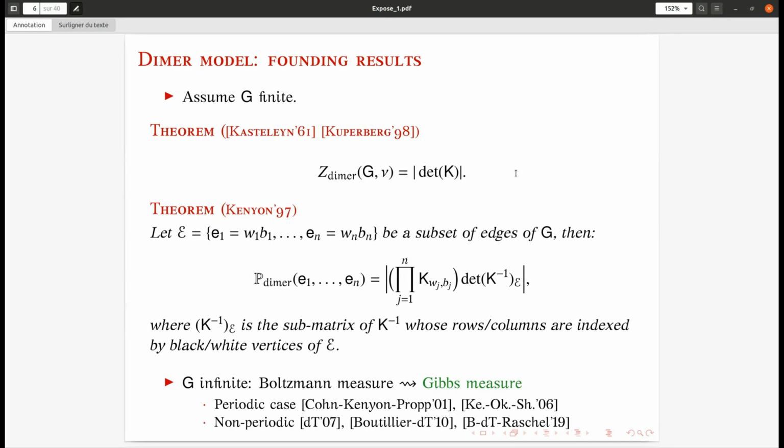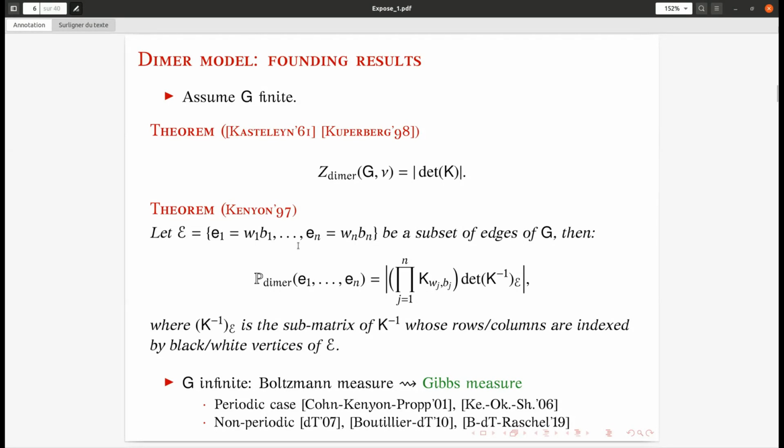You have to ensure that all the terms in your determinant come with the same sign. Okay, so this is, in two words, why you have such a formula. And then once you know this, using basic probability, you can compute the dimer Boltzmann measure explicitly.